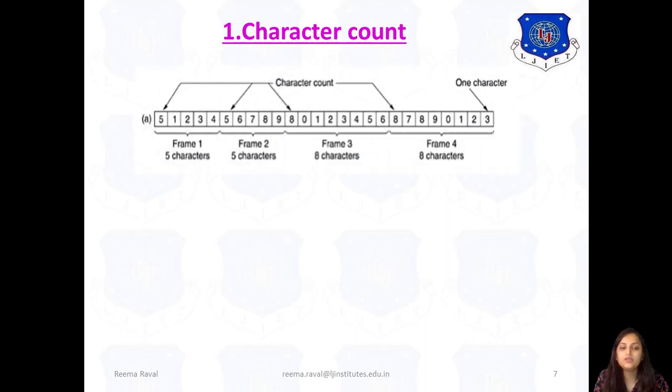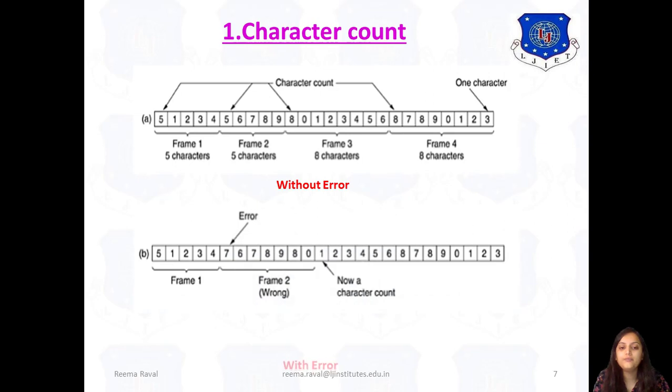Alright, so for that let us consider this diagram. In these two diagrams, the first one indicates the without error case and the second one indicates the with error case. Now here, as you can see, there are frames 1, 2, 3 and 4. In the character count method, in the particular frames, the first field indicates the count of the particular frame.